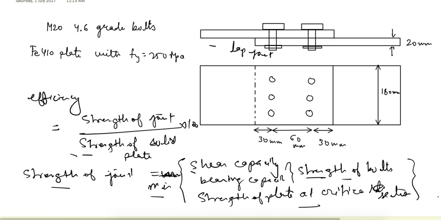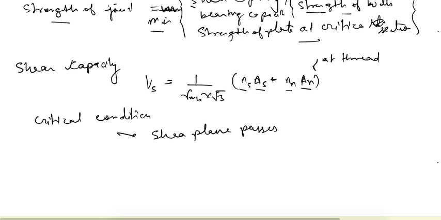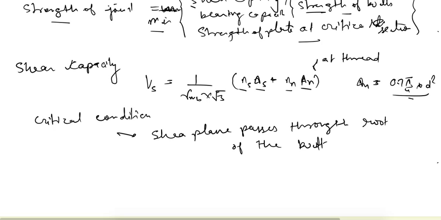So if it is a case of lap joint or single shear, to find out the critical condition we'll assume that the shear plane passes through the root of the bolt or the thread part, because it will give us the net, less area, that is 0.78 times pi by 4 into d square.